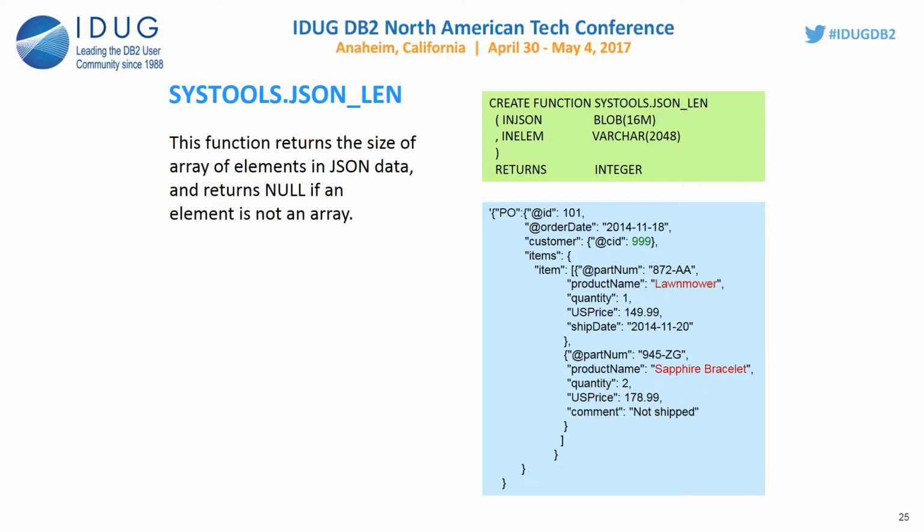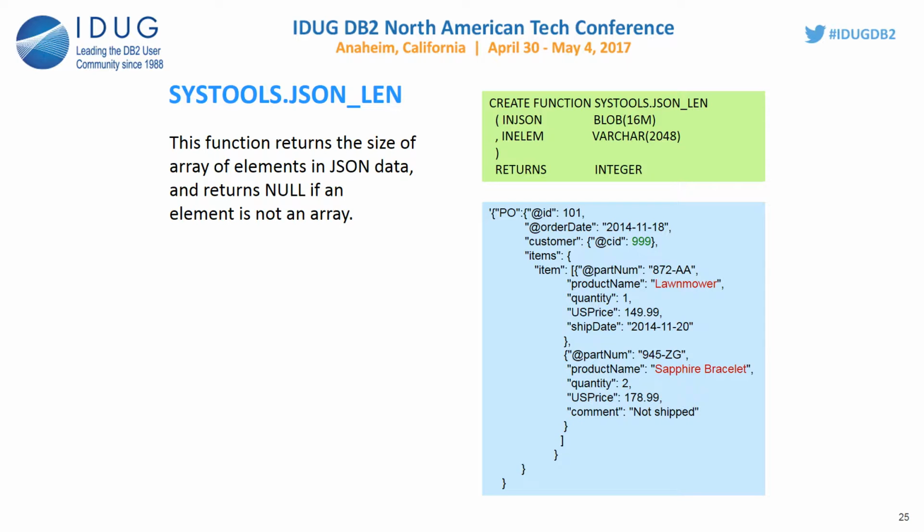Okay, so basically it tells you how many array entries there are. Look at this example. We have a purchase order with the usual things for a purchase order. They have the items. Under items, each item is an individual array entry. This one takes two parameters: the JSON, and the field you're looking for, and it returns an integer.